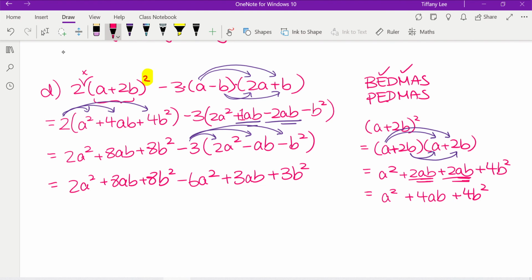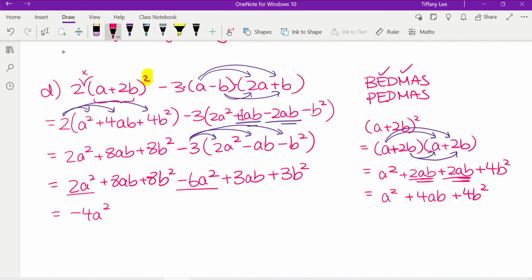And as always, you always want to see if you can collect and combine like terms. So let's take a look at our first term here. I have 2a squared. Let's see if I have any other a squareds. And yep, I have a negative 6a squared. So that is negative 4a squared, right? Positive 2 minus 6 is negative 4.